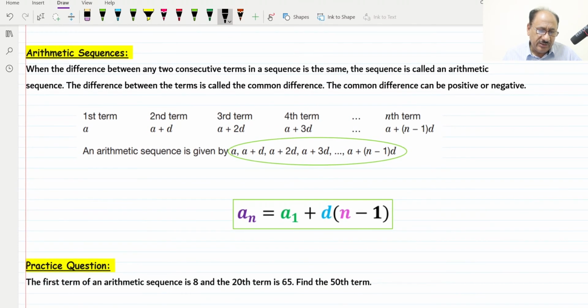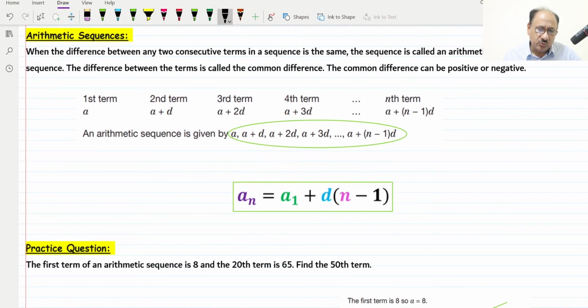Now, how do we write an arithmetic sequence? What is an arithmetic sequence?